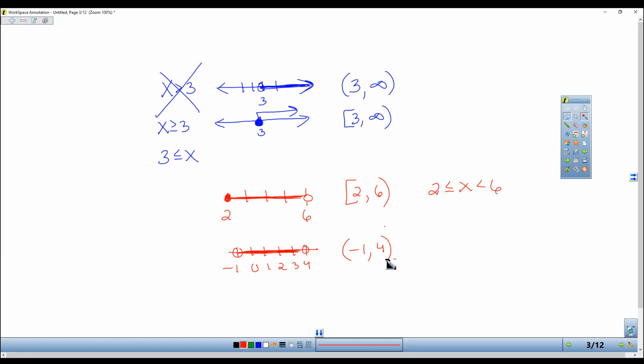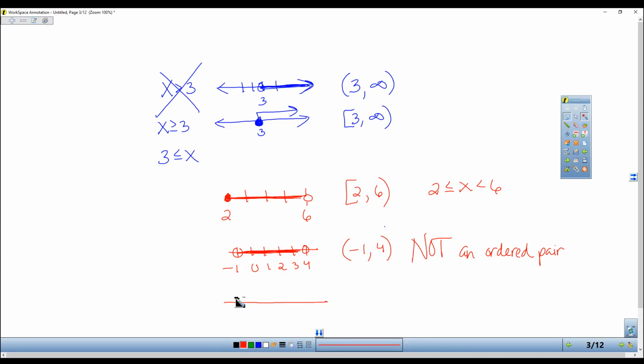Then it does look like an ordered pair. This is not an ordered pair, and that is very unfortunate. If I had figured this system out, we would have had a workaround for this, because it does look like an ordered pair. Interval notation, this means you're going from -1 to 4, open circle.